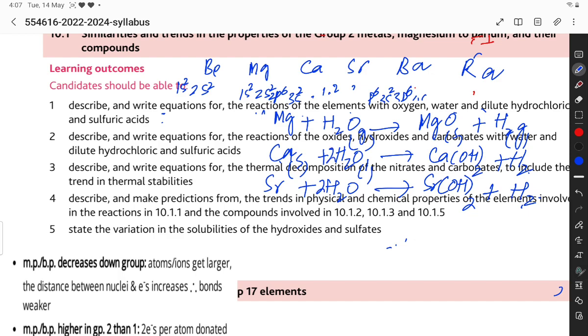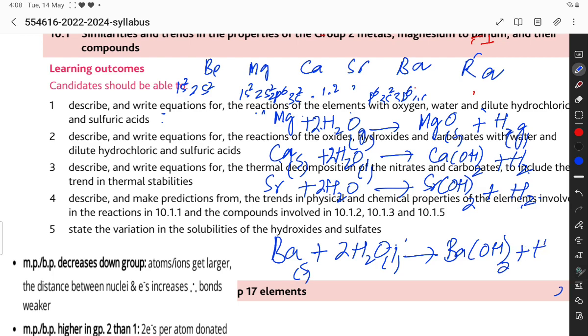And similarly barium also reacts very vigorously with liquid water to form barium hydroxide plus hydrogen gas. So these are the reactions with water.